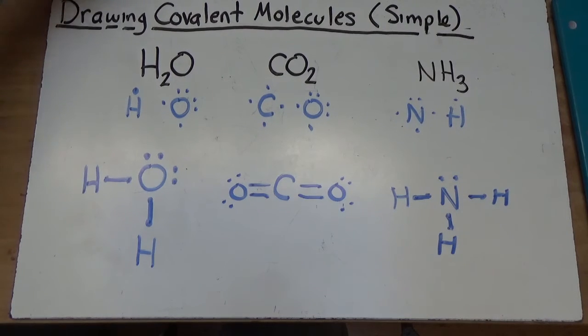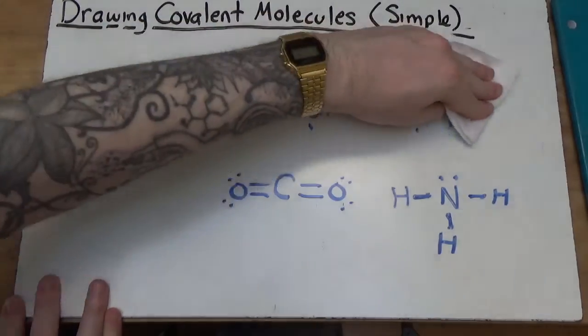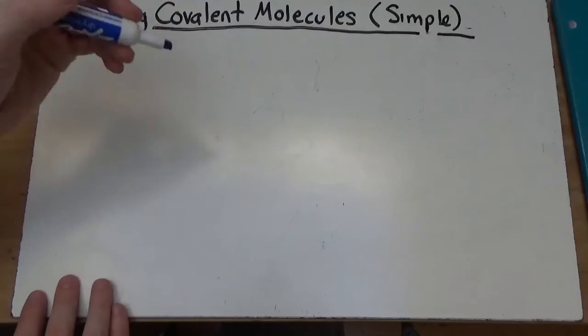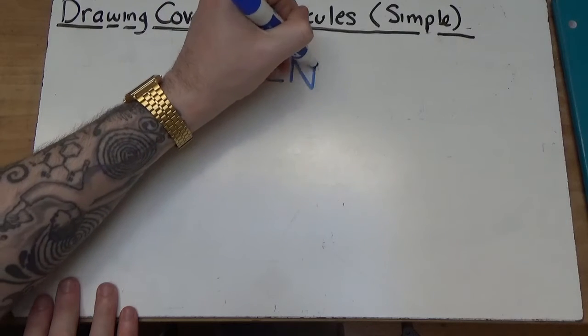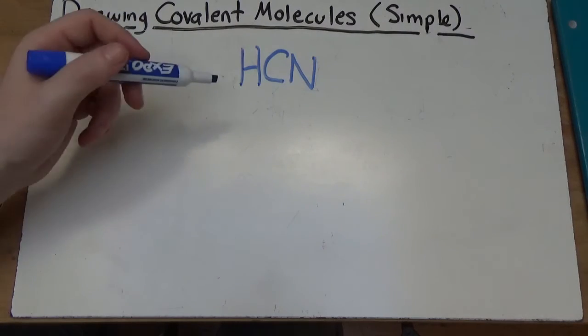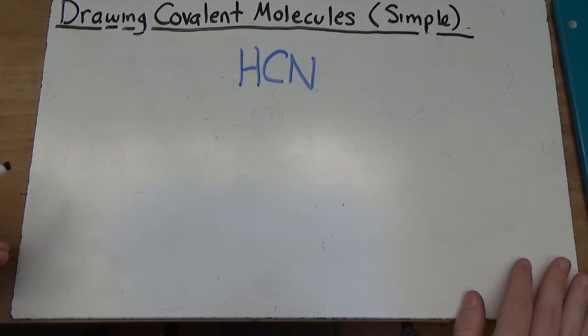All right, and let's take a look at one compound that has triple bonds. A famous compound with triple bonds is HCN, hydrogen cyanide. Right? This is the chemical that spies would take, right, to avoid capture, right? And it has a very interesting shape.